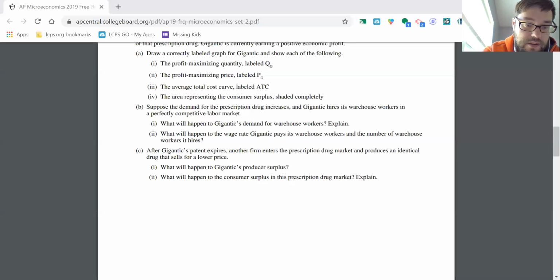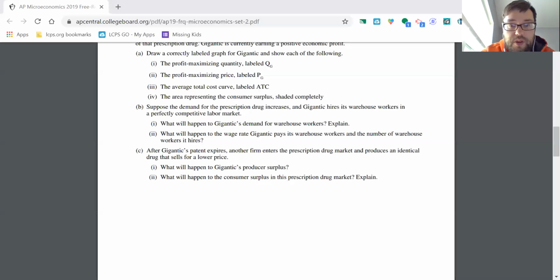So it's this sort of oddly shaped area here, right? And again, we don't have to calculate anything. They're just asking, hey, is it going to increase, decrease, or stay the same? So you take the area above the marginal cost, go all the way to the price and to the quantity.